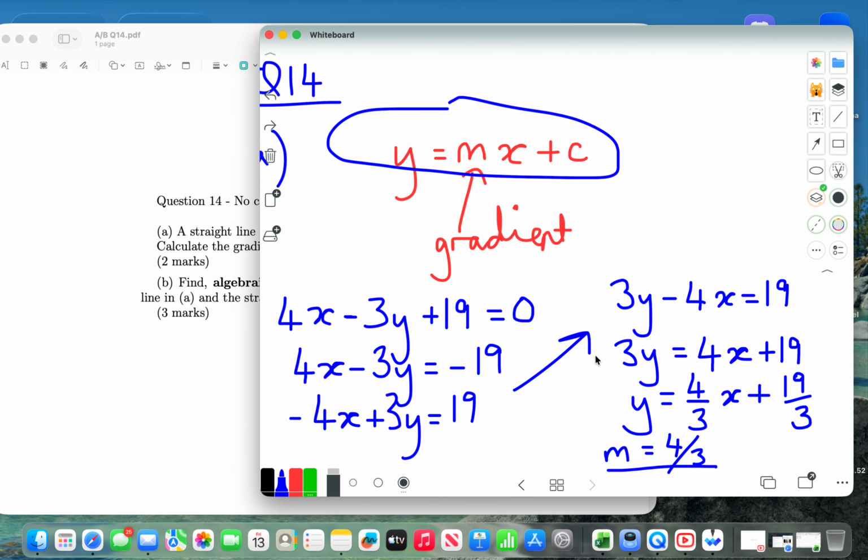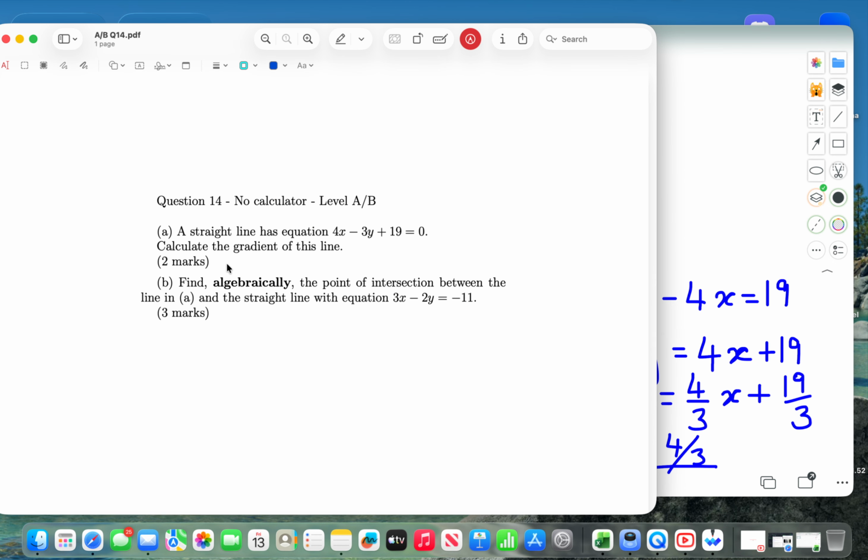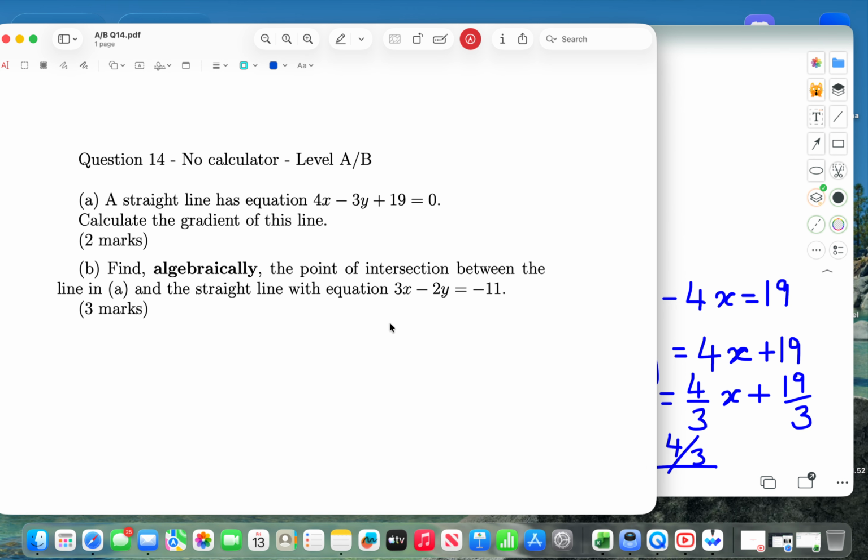Now what we want to do is we have to find algebraically the point of intersection between this line and the line with equation 3x minus 2y equals minus 11. So you could solve these as simultaneous equations by getting the two equations, then scaling.